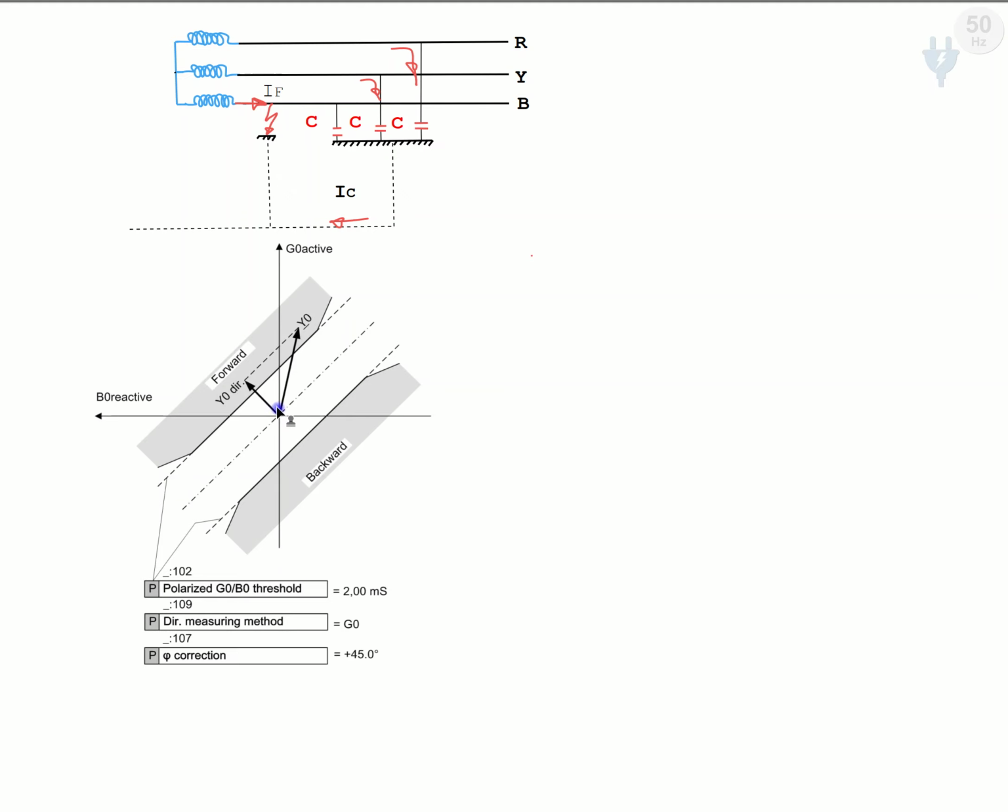At that time this zero sequence current will be in this area. It will be more capacitive, and the capacitive current of the system is decisive for the fault.